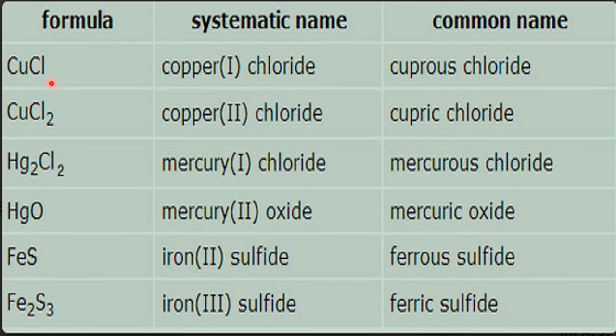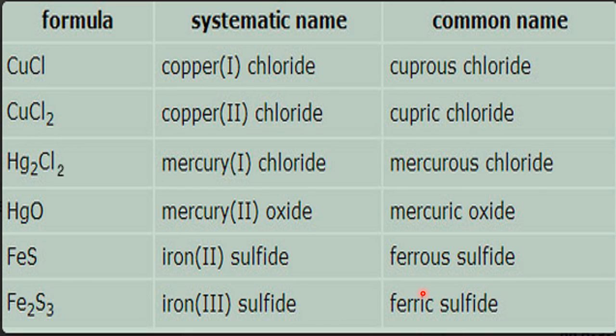This is copper(I) chloride, one more name is cuprous chloride. This is CuCl2 where copper is in the plus 2 state, called cupric chloride. Mercury in the plus 1 state, mercurous chloride. Mercury in the plus 2 state, mercuric chloride. Iron in the plus 2 state, ferrous chloride. Iron in the plus 3 state, ferric chloride.